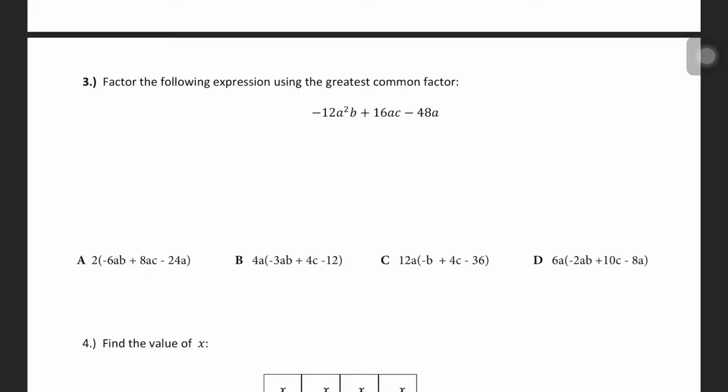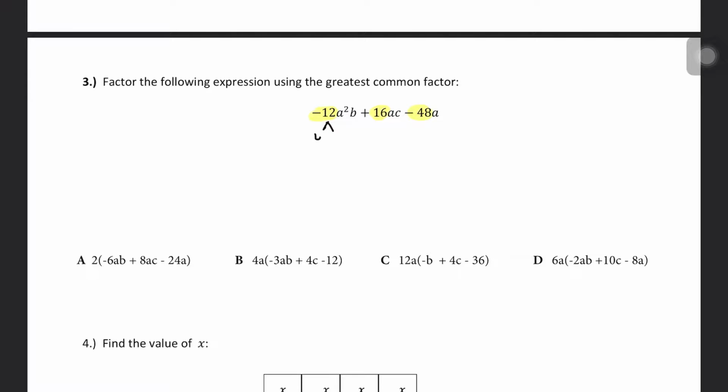Moving on to number 3. Number 3 says factor the following expression using the greatest common factor. So here I notice that we have a negative 12, a 16, and a negative 48. One number that they all have in common is a 4.